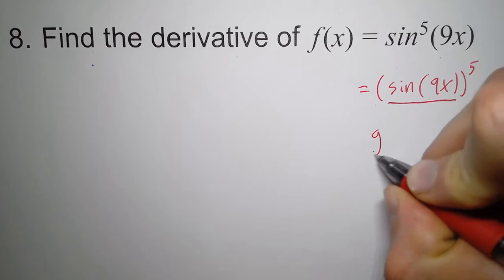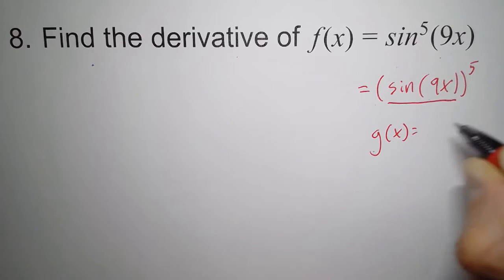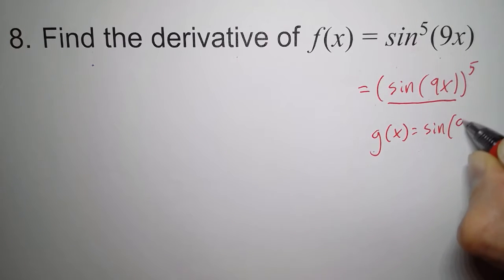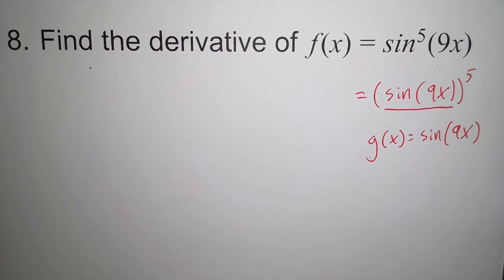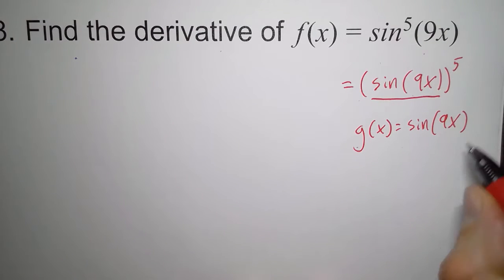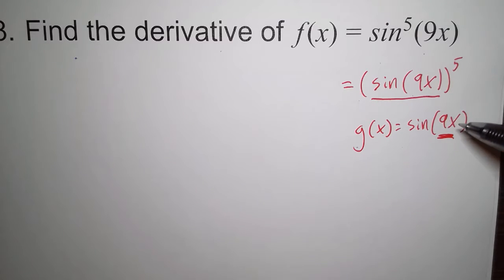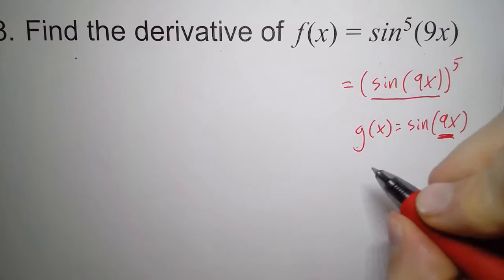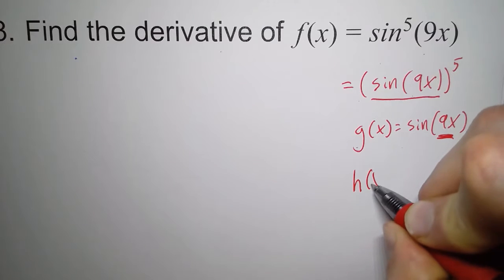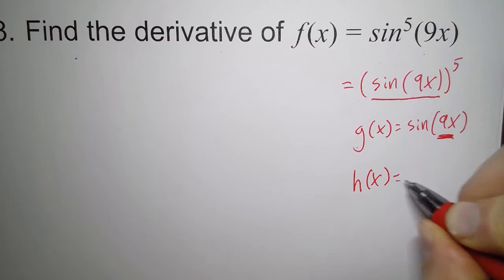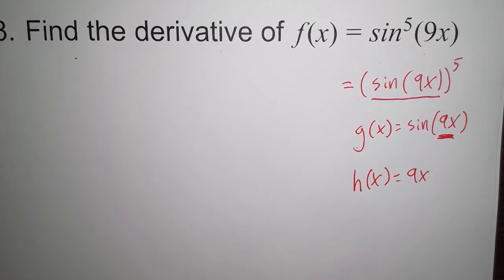So let's call that g of x. But looking back at a previous problem, you notice that there's something else inside of sine. And so actually we need to make a second replacement. So I'll just call that h of x equals 9x.